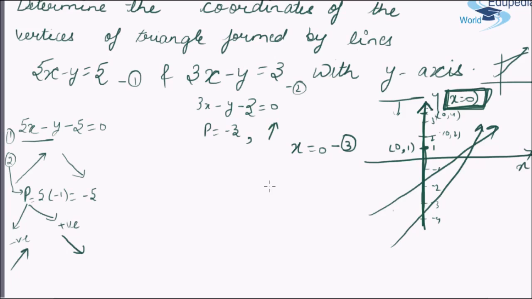We have to find out a triangle formed by a line x equal to 0, which is y-axis, and a line, say 1, this one, and another line, say 2.